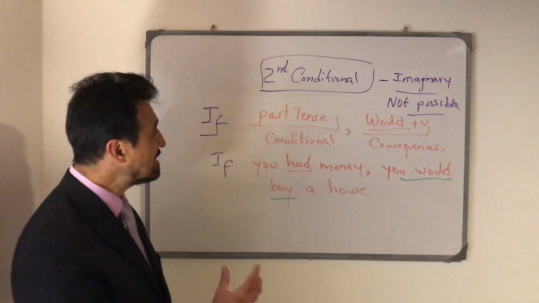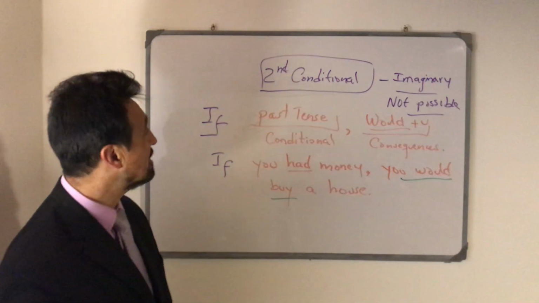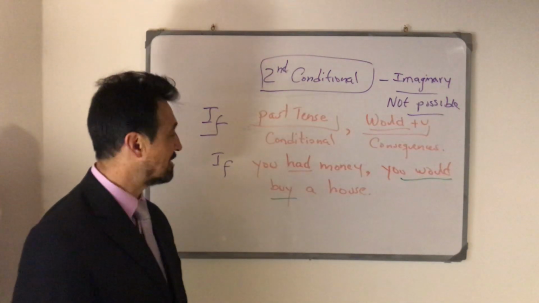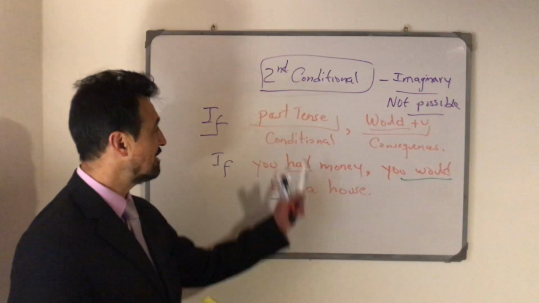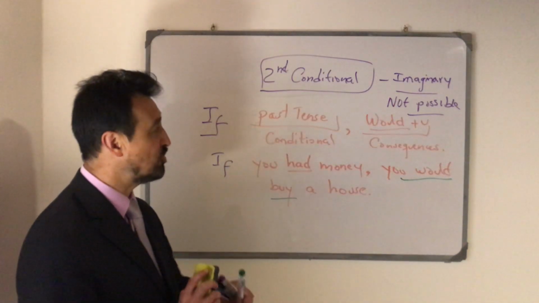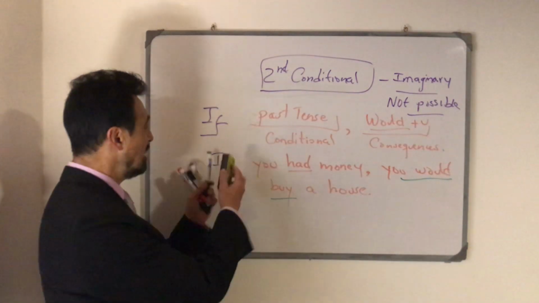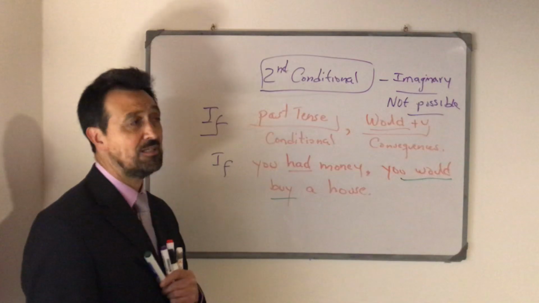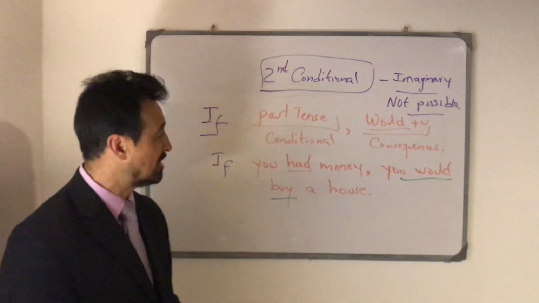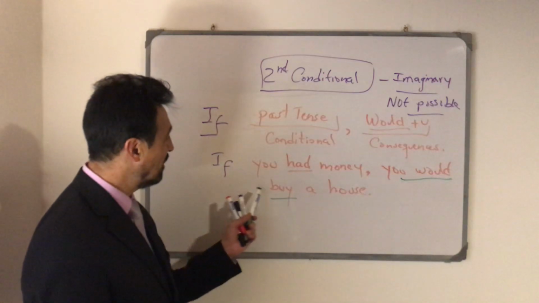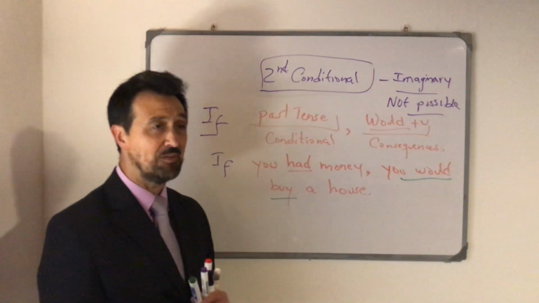This is the idea that we have to express in the second conditional. It is important to recognize the divided structure, where the condition is always related to if. If indicates the condition, and the second part with would indicates the consequences. Look at the order: if you had money, you would buy a house.